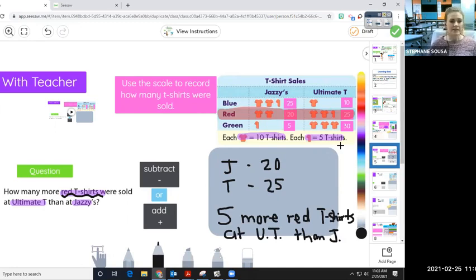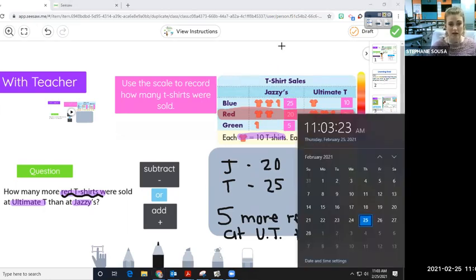I can't just say t-shirts because there are blue t-shirts, red t-shirts, green t-shirts. And I can't just say red t-shirts because then I don't know if you're talking about Jazzy's or Ultimate Tees. So we've got to be specific about which t-shirts we are talking about here. And done.